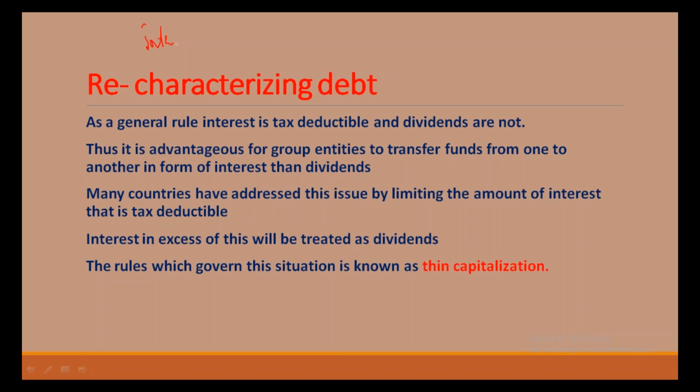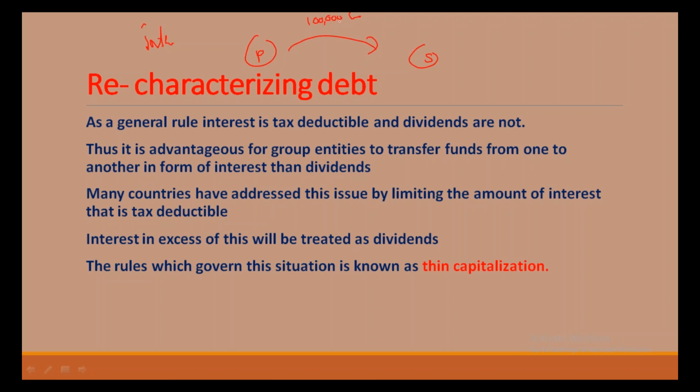So if it has a parent and a subsidiary, now the parent can give a loan to the subsidiary. If the parent gives a loan to the subsidiary, let's assume the subsidiary has to pay 10% interest on the loan of 100,000.